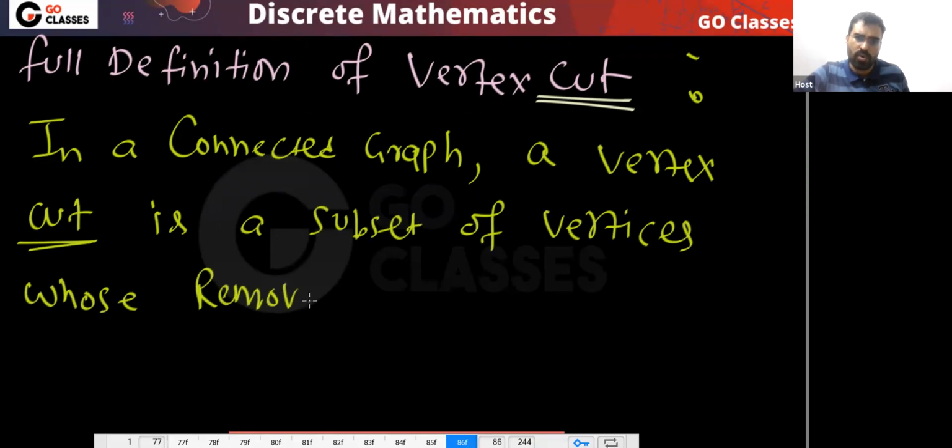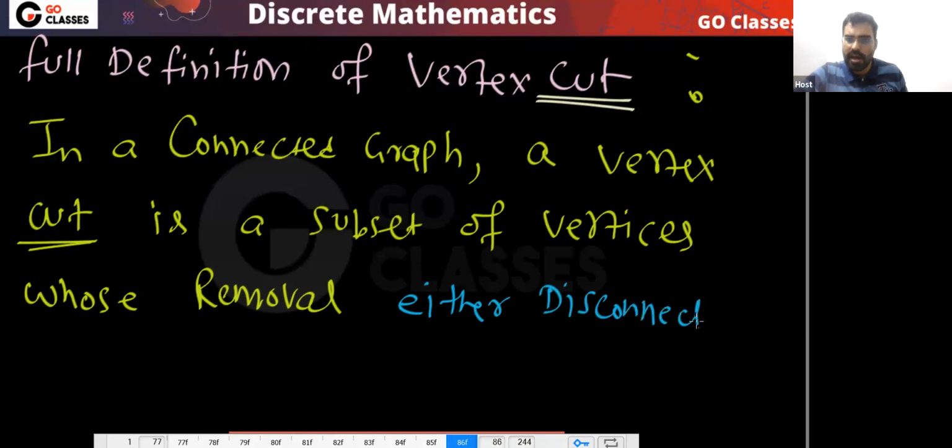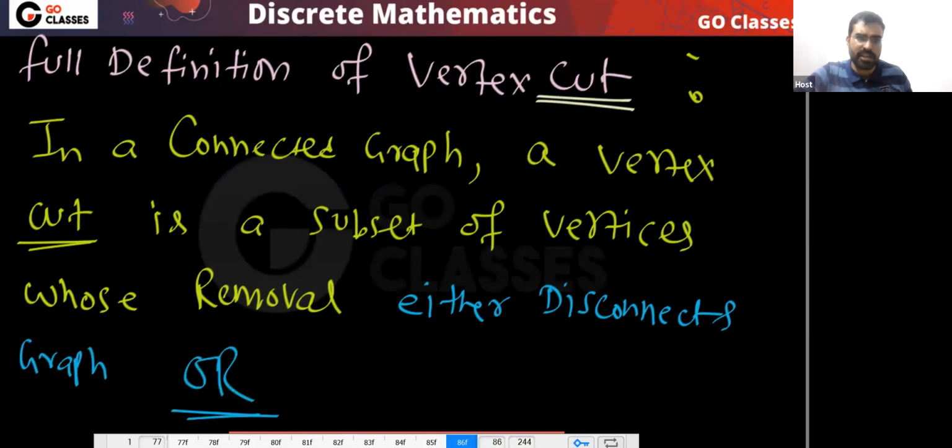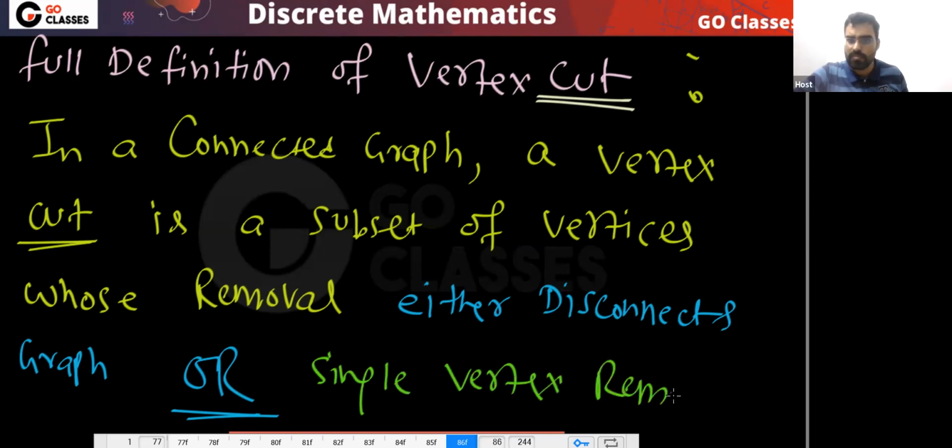whose removal either disconnects the graph, or a single vertex remains.